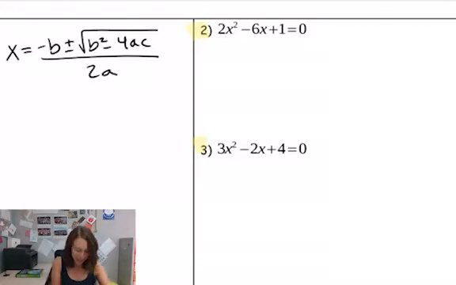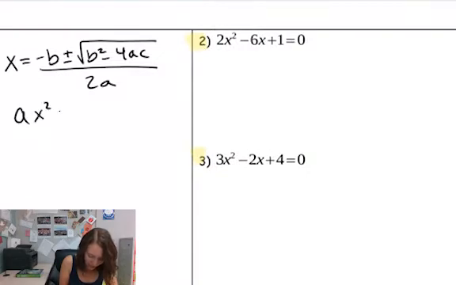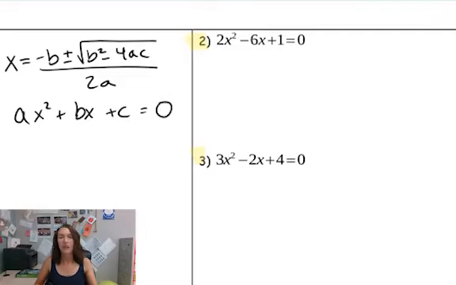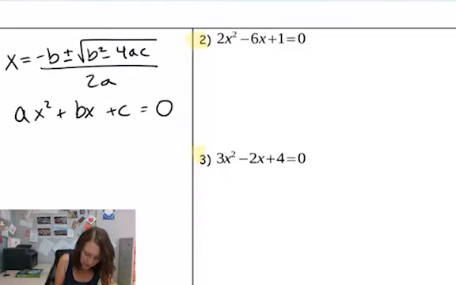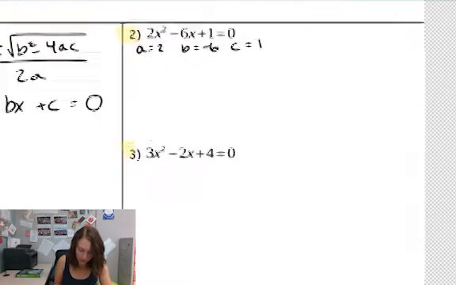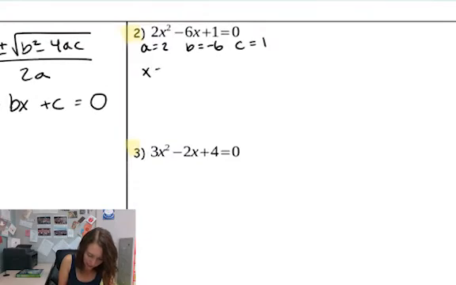We have this formula where we have ax squared plus bx plus c equals 0. So if our quadratic equation is in standard form, we can pick out our a's, b's, and c's. Just remember to pull those negatives with the numbers if they exist. So in this case, a is 2, b is -6, and c is +1. All right, so let's look. We have x equals negative, and then b is -6.